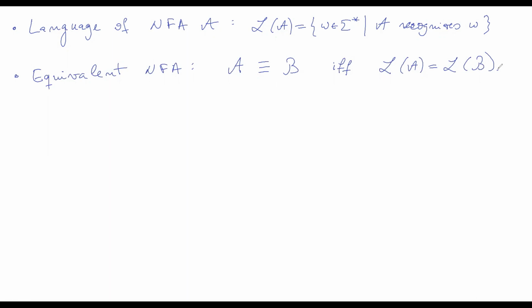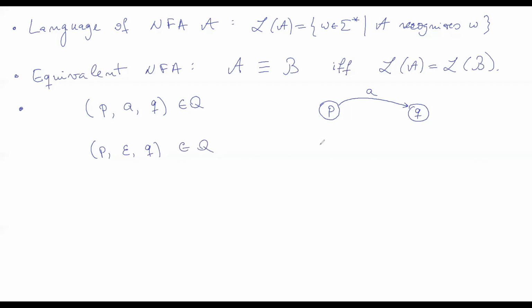Like we have seen in the previous video, we can also have a graphical representation. Whenever we have an A transition from P to Q, we can have a corresponding graph where you have a node for each state P and a node for each state Q. We can have an edge from P to Q with label A, and for any epsilon transition, we can also have an edge from P to Q labeled by epsilon.